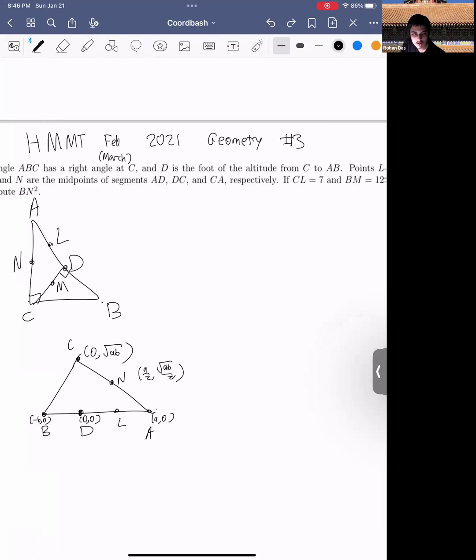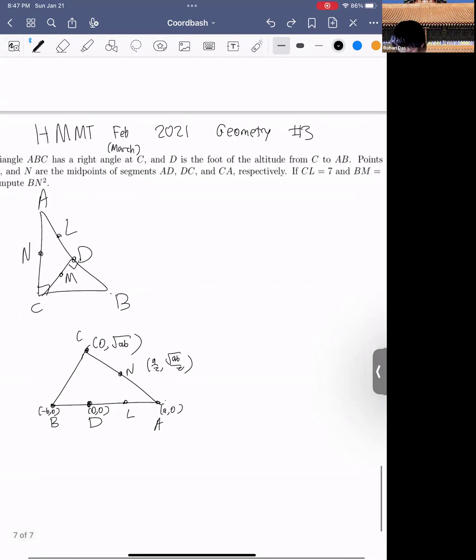And I say that usually you don't want to introduce variables like a and b, but here no information about any of the side lengths is given, and you're only introducing variables for the fundamental points of the problem, so it's not as bad as usual, although it is still annoying, as we will see.